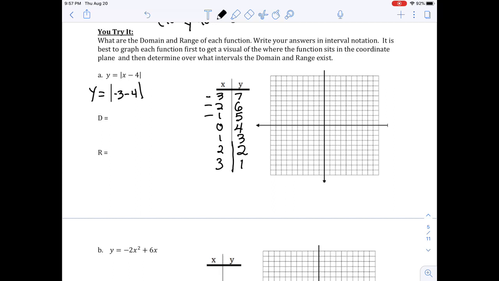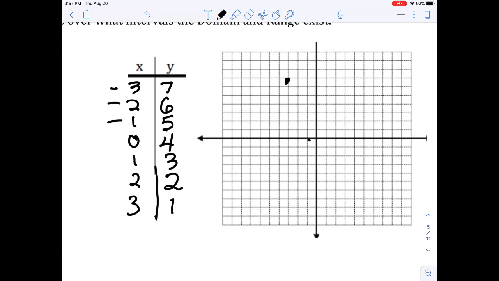Okay, now we have some points to graph, and then we're going to see what this looks like. Whoops, I did that wrong, people. I'm going to just zoom in because I don't think I'm seeing clearly.